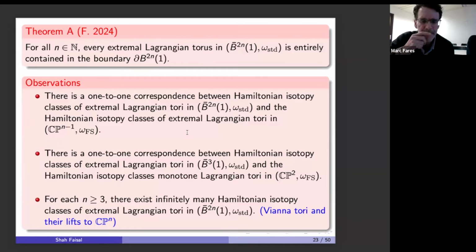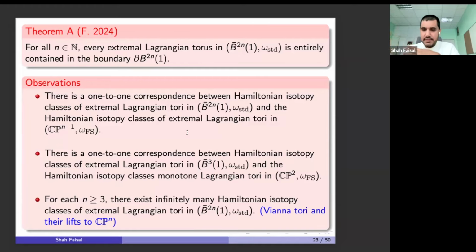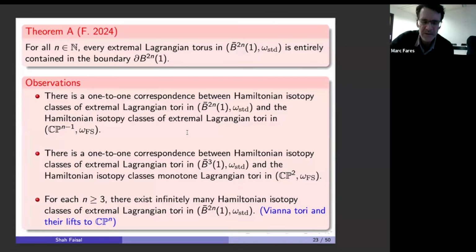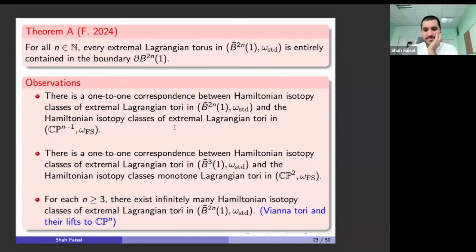And then if you have something downstairs, you can lift it to the boundary of the ball. Okay. Well, yeah, I think I overlooked that. Okay. Thank you. Thanks.